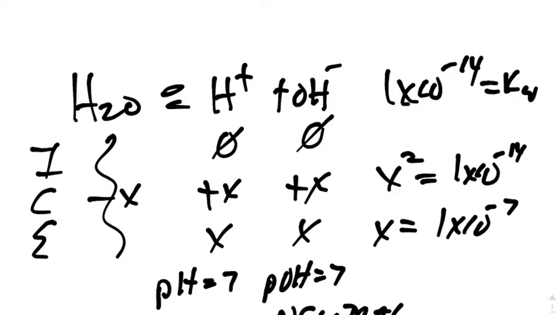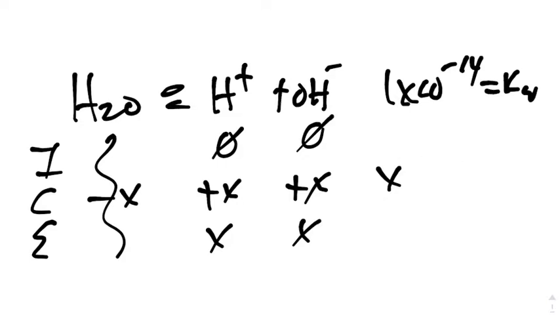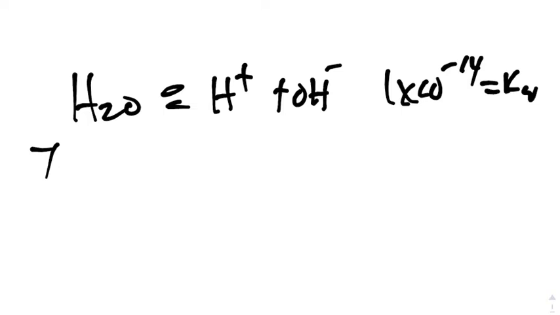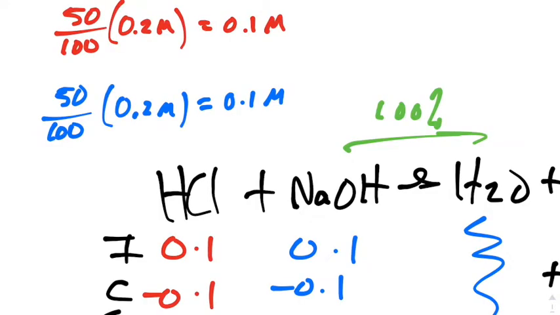So the point of this is that if you have a strong acid, strong base interaction, and it happens to be at the equivalence point, in other words, you end up with no acid left over, no base left over, then you are going to end up with a pH of 7 because technically they can't be 0.